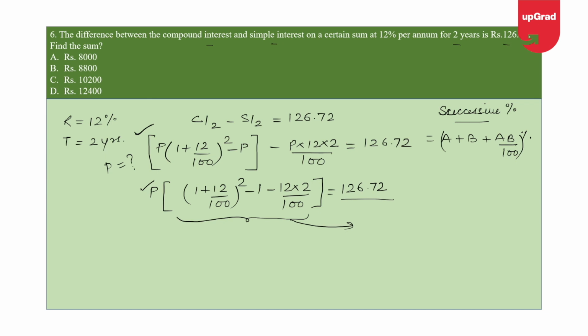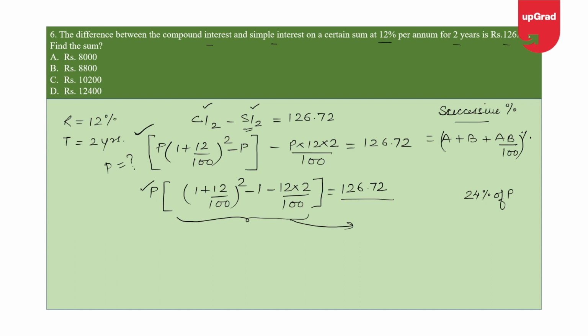I told you that successive percentage is only applicable in case of compound interest, because in simple interest, interest was calculated only on the principal value. If you remember the difference between CI and SI, that's what my explanation was. So in case of simple interest, it will be 12% and 12%, that means 24% will be the interest on the principal amount.